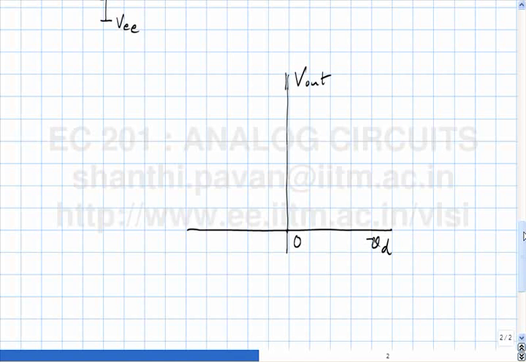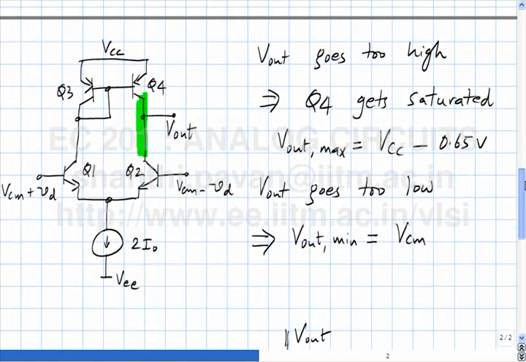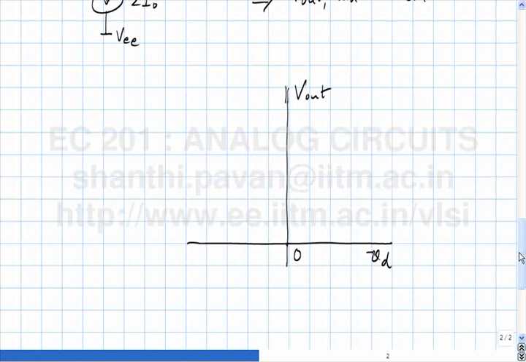The gain falls off, because even if VD is infinitesimally small and positive, which of these transistors is in trouble? Q4 gets into the saturation region, thereby causing the gain to fall off. And at VD equal to 0, the gain is very, very large.